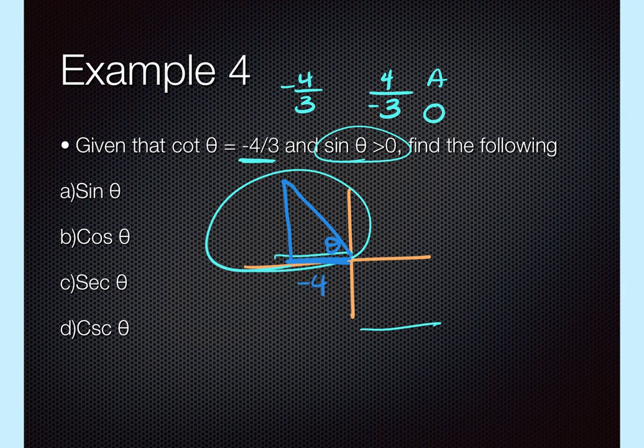So this is my negative 4, and this is my positive 3. If you want to flip it so you get opposite over adjacent is 3/4, that's fine. Put your values on there, but then use the logic of the location to figure out which one's positive and which one's negative. Now what's the third side? 5. Can you guys go from there? Sine, cosine, tangent. Yes, right? We don't need to go all the way through it.